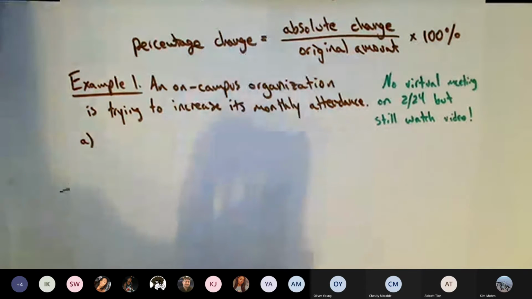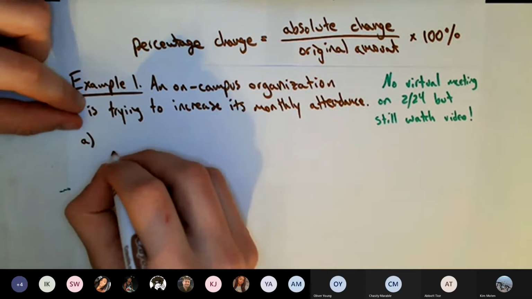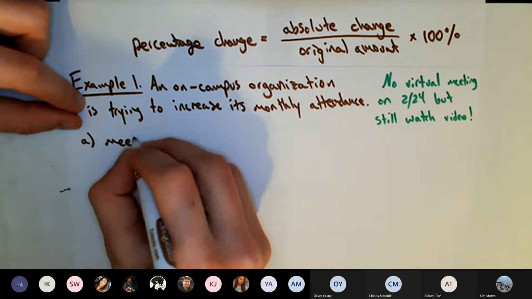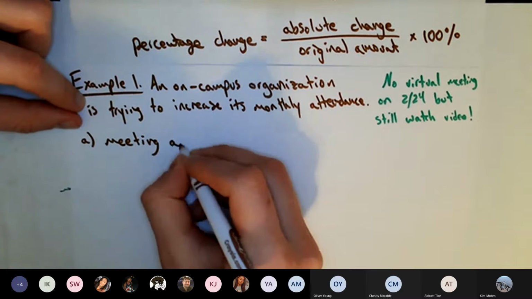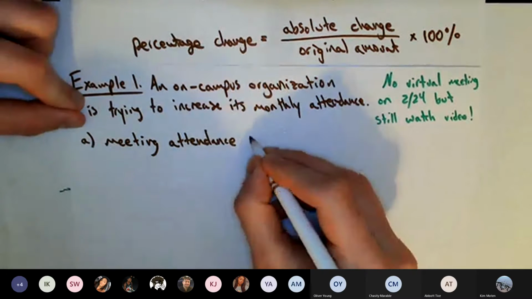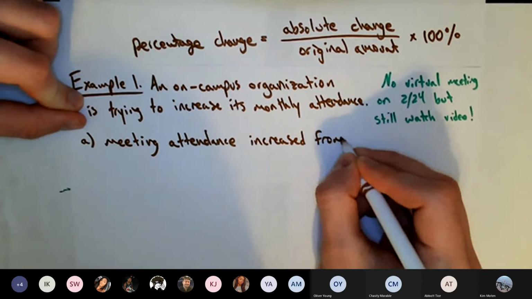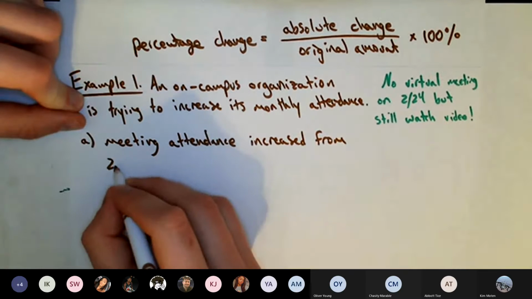Part A says, if after a big recruiting push, the meeting attendance increased from 25 to 38 people, what was the percentage change? Let me shorten this problem. Meeting attendance increased from 25 to 38 people.